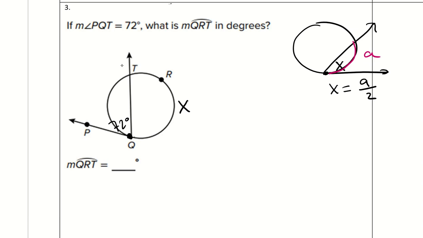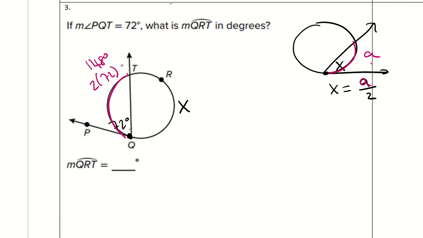Which means that if this is my red arc, we need to figure out what that is. So that is always going to be double the angle. So double the 72, and that will give me that arc. So 148. See, if I cut that arc in half, that gives me the inscribed angle, which is exactly what this rule says. So just double the angle to get the arc measure.